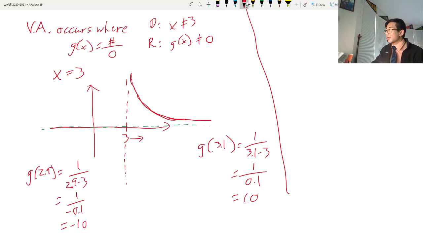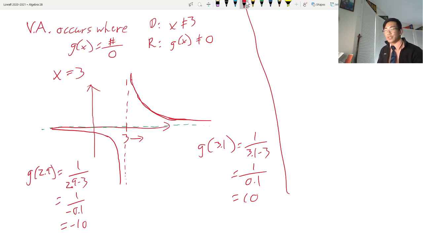We're really close to 3, but on the left side now, so we're negative. And as expected, if we plug in a really big negative number, like negative 10,000, we get really small and close to 0. So this is what that graph looks like. Notice, this graph looks exactly the same as 1 over x. It's just been pushed over 3 units. All right?